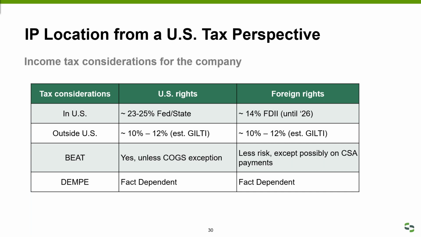Through the FDII operation. Outside the U.S., for U.S. rights, you can be as low as 10 to 12% here in the U.S. under the GILTI, and the same thing for the foreign rights, depending upon how you exploit them. So the GILTI regime will permit you to get down to that 10 to 12%.